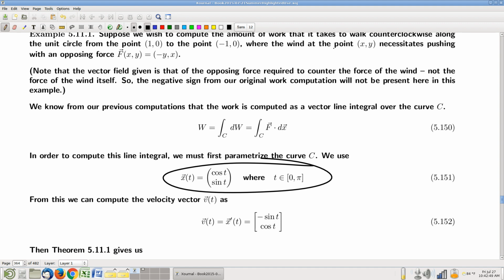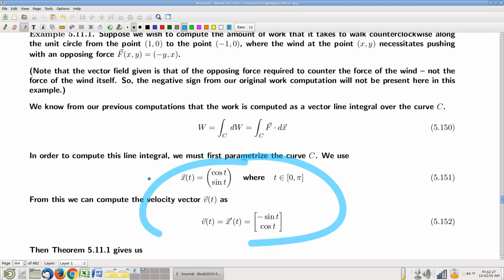Okay. What do we do with our parameterization? Well, if we know x, it's easy to compute x prime. So there's our x prime. Notice I don't have to compute a stretching factor. It's not like there's some scalar that I'm multiplying by a size. This is the x prime. dx is just x prime dt.